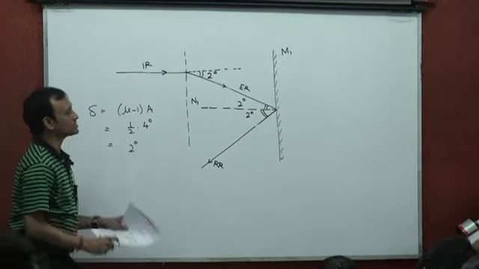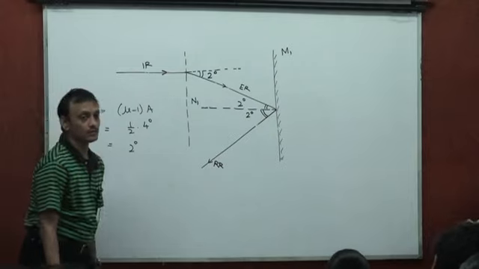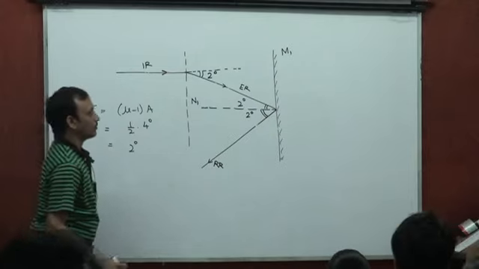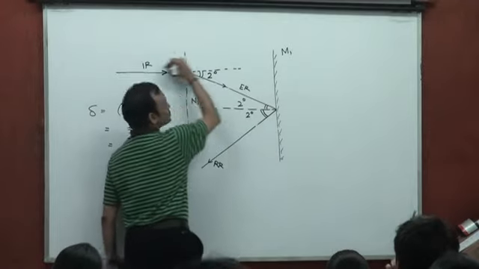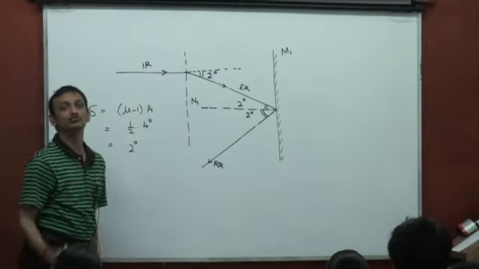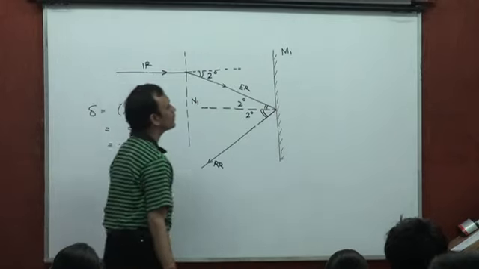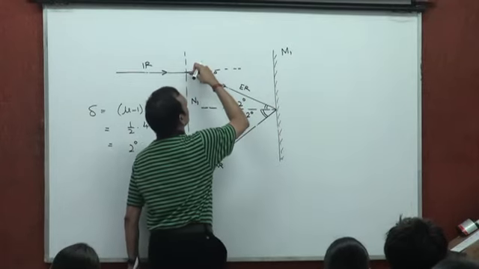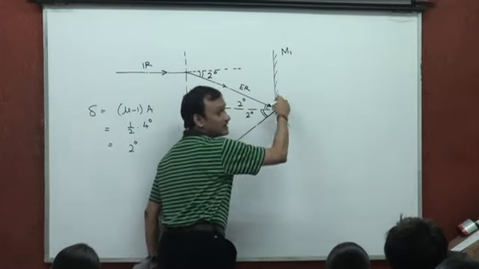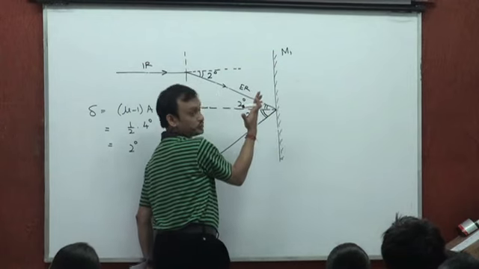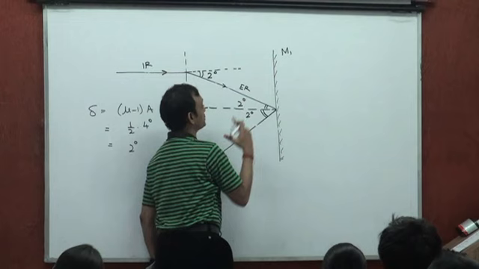Now what is it that you are seeking? You are seeking the ray to go back to its original position. You want the ray to retrace its path. If you want the ray to retrace its path, then this ray must be incident normally on the new position of the mirror.